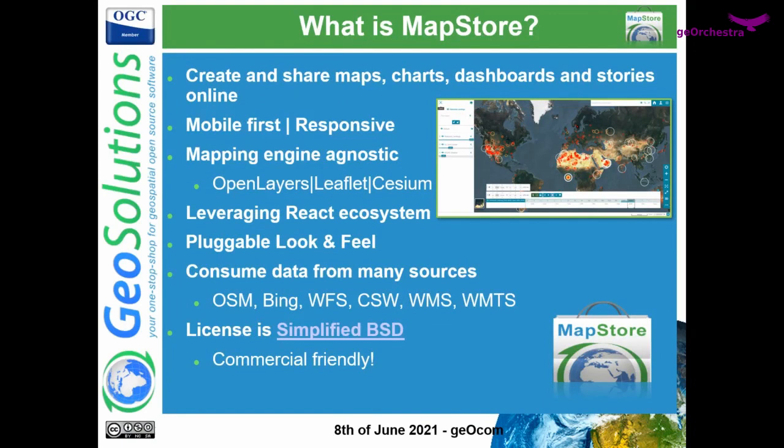The supported ones are OpenLayers, Leaflet, and Cesium for different purposes. It can consume data from many sources on top of the most common OGC standards, and it is released under the simplified BSD license, so basically it is commercial free.